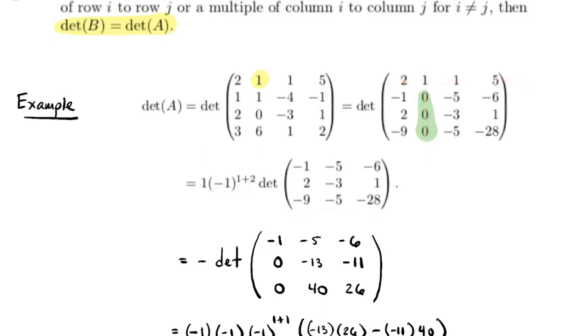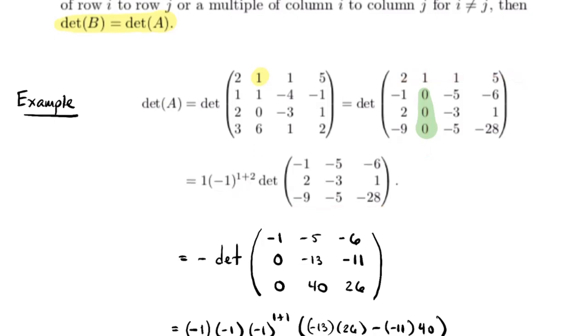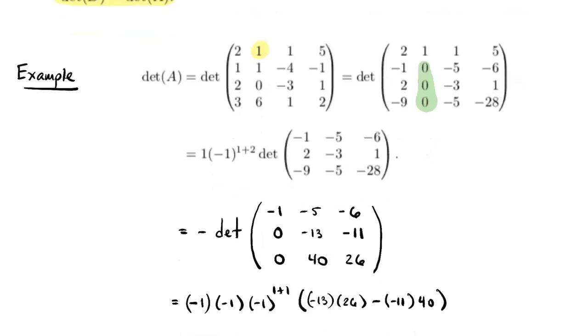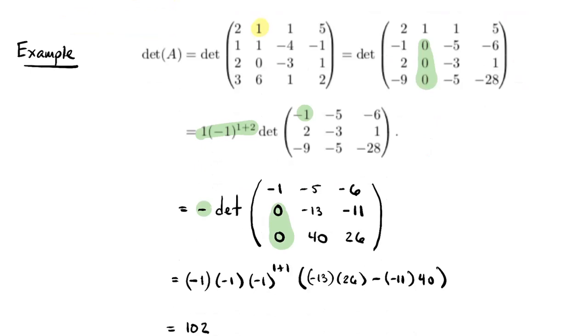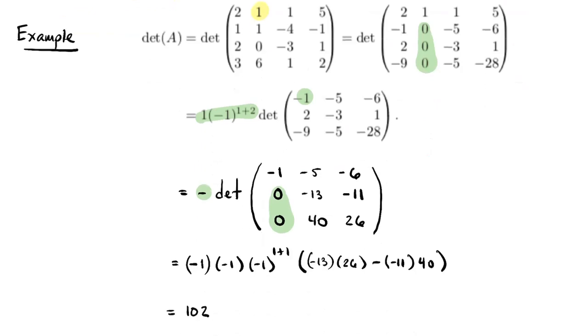Same kind of idea. Using type 3 elementary row operations, you could take this -1 and zero out those two things. Type 3 doesn't change the determinant. I wrote a minus sign out here, just because the coefficient 1 times -1 cubed is -1. And then I'm going to do the same thing. Let me keep track of these minus signs.